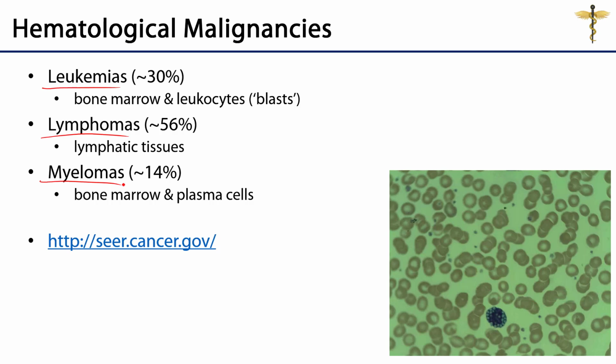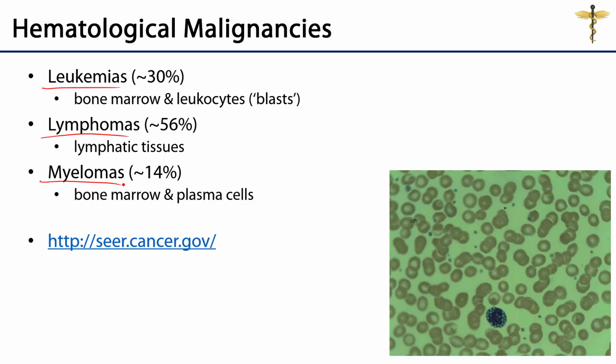More than half of hematological malignancies are lymphomas. Lymphomas are malignancies which arise from lymphatic tissues. And then a minority of hematological malignancies are myelomas. Myelomas originate from bone marrow and or plasma cells, and they are, as I've said, the minority of hematological malignancies.